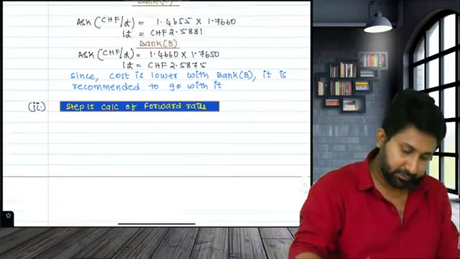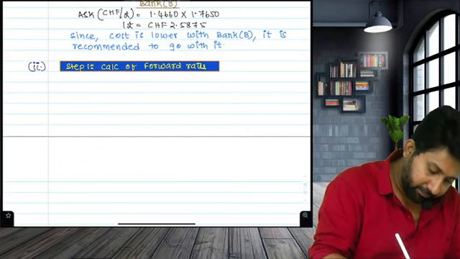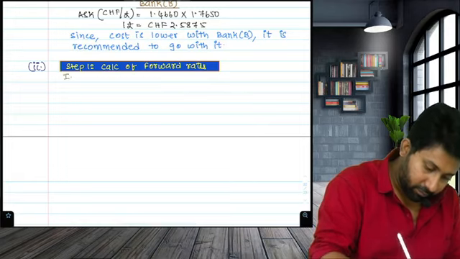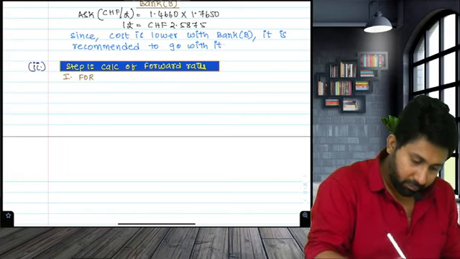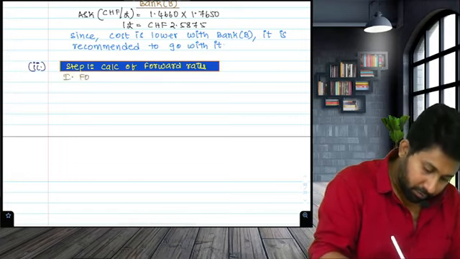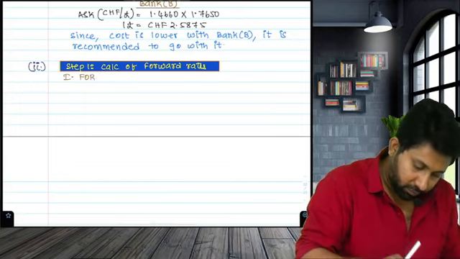Calculation of forward rates. Write down. For the first one, what is the first one?